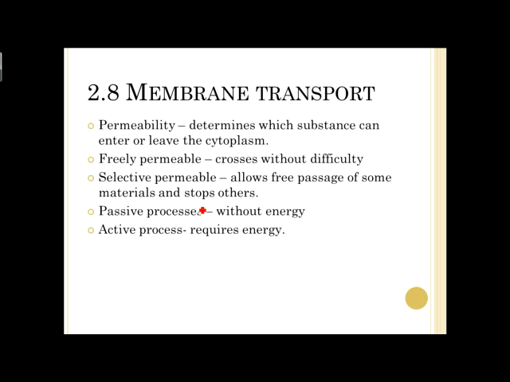Passive processes, and this means without energy. Whenever we have a passive movement across the cell membrane, it requires no energy, and it moves very freely from one location to the next. An active process, however, requires energy, and the best example of an active transport is the sodium-potassium pump.